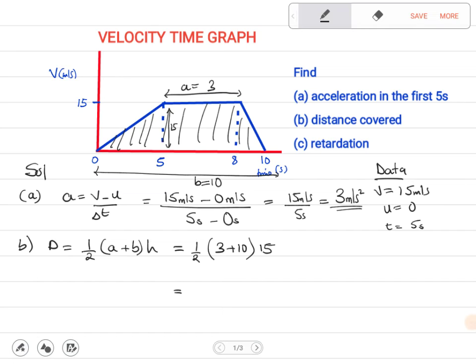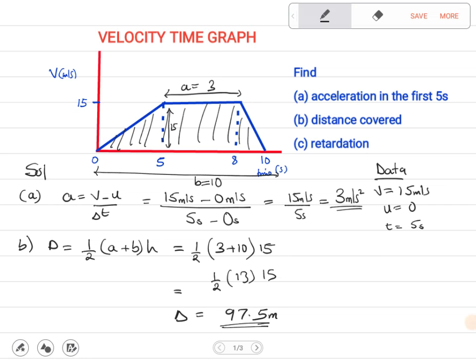So this is physics. Even paper 1 they can bring, it's the same procedure. So we have half 3 plus 10 is 13 times what? Times 15. So 13 times 15 divided by 2, and the distance is giving me 97.5 meters. That's the distance.